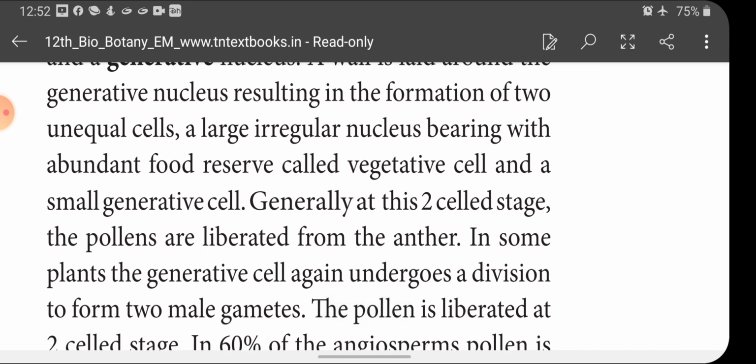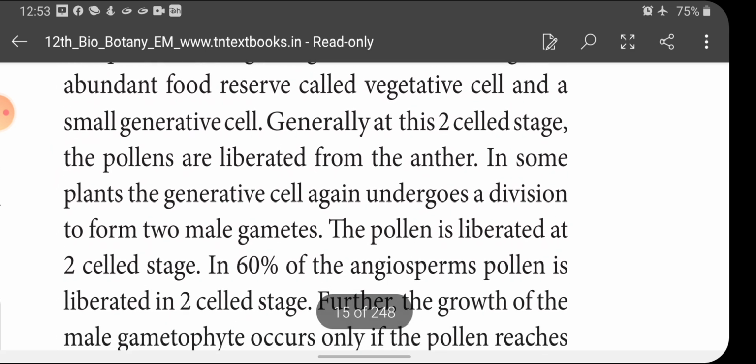The large cell with an irregular nucleus and abundant food reserve is the vegetative cell, and the small one is the generative cell.